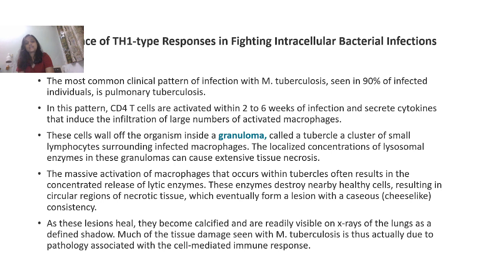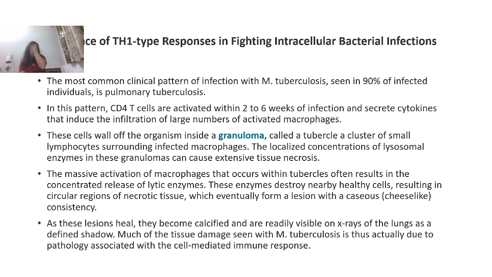For example, as you all know, TB or tuberculosis. It is a disease caused by a bacterium, Mycobacterium tuberculosis. Mostly it is seen in 90% of infected individuals, causing pulmonary tuberculosis.